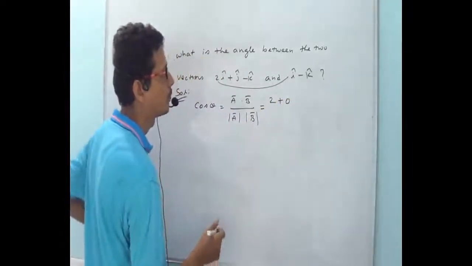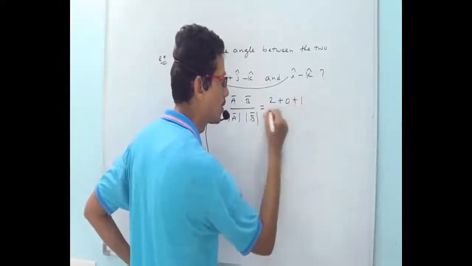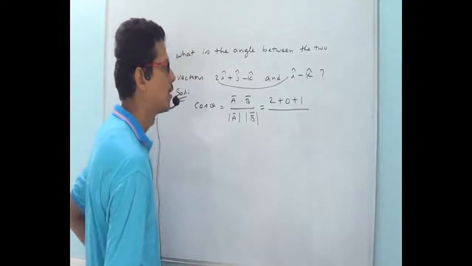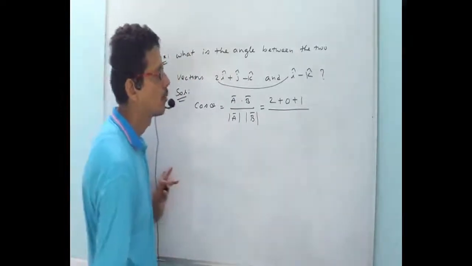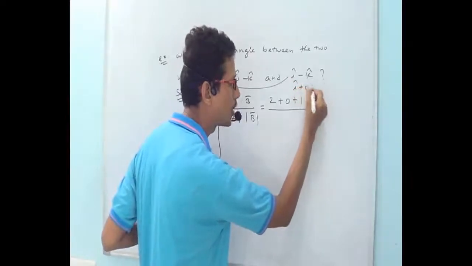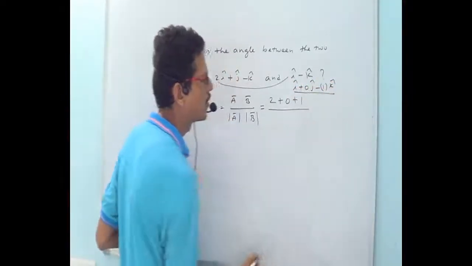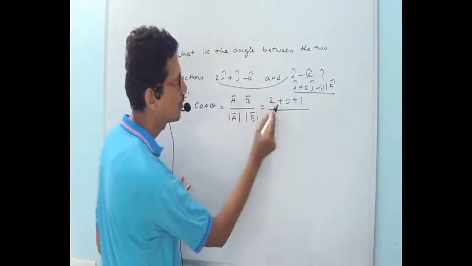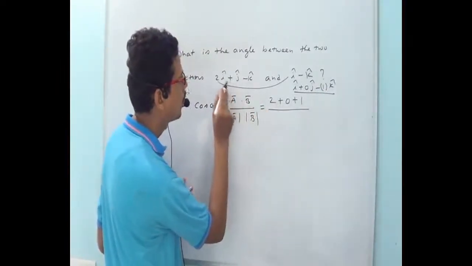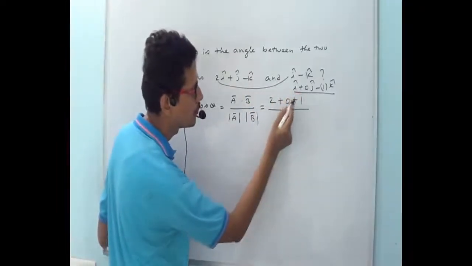What about k component? Minus 1 into minus 1. That is plus 1 divided by. Okay. This I can write as i cap plus 0 j cap minus 1 into k cap. So what happens to the dot product? 2 into 1 plus 1 into 0.